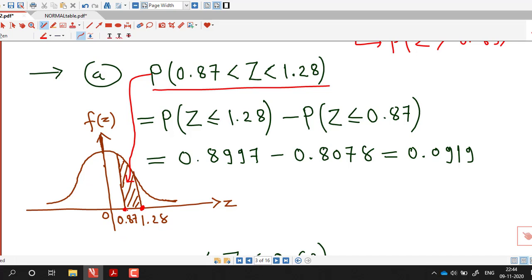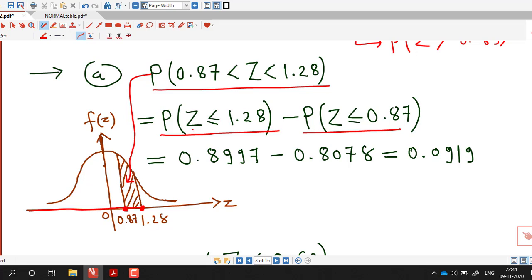From this we can see this area is nothing but the area to the left of 1.28, that is probability that Z is less than or equal to 1.28, minus area to the left of 0.87.